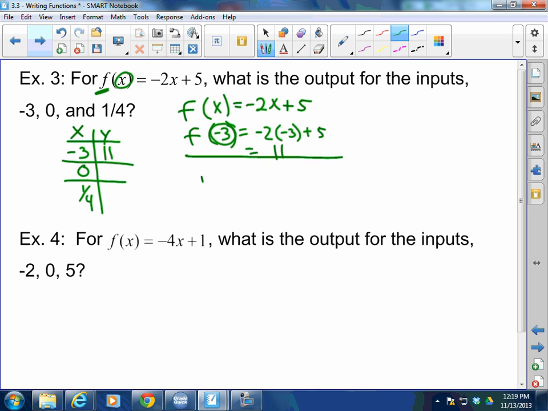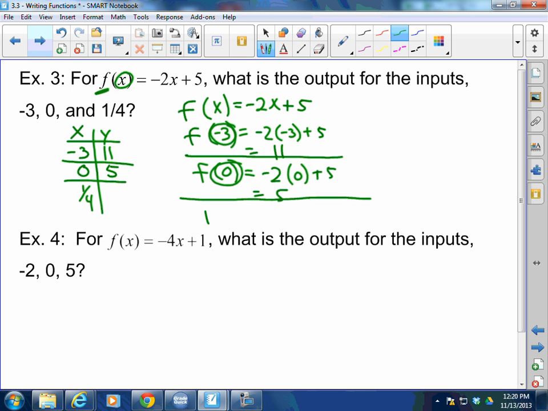F of 0, well, f of 0, I replace my x value in function f with a 0. So I'm going to evaluate. Negative 2 times 0 is 0, plus 5 equals 5. So when x was 0, my y is 5.